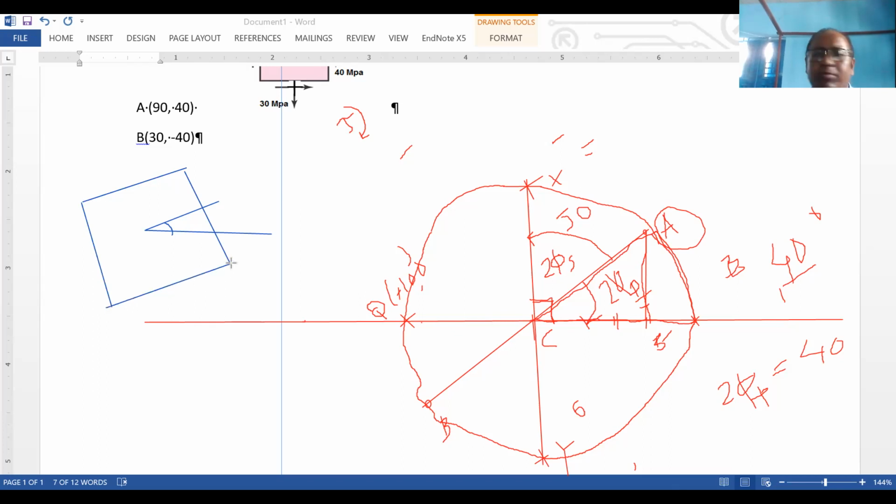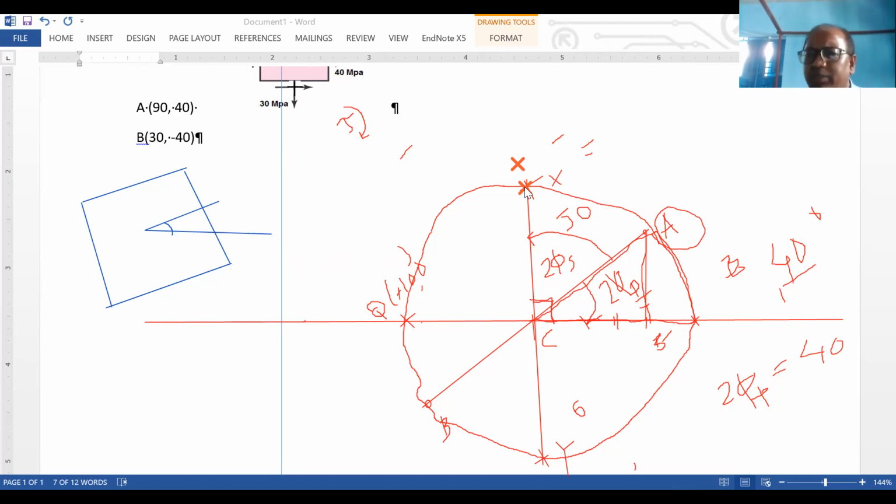Now you have to look carefully right over here. When you go anti-clockwise, which point did you come to? You came to point X. So at point X, your shear stress is positive. Okay.